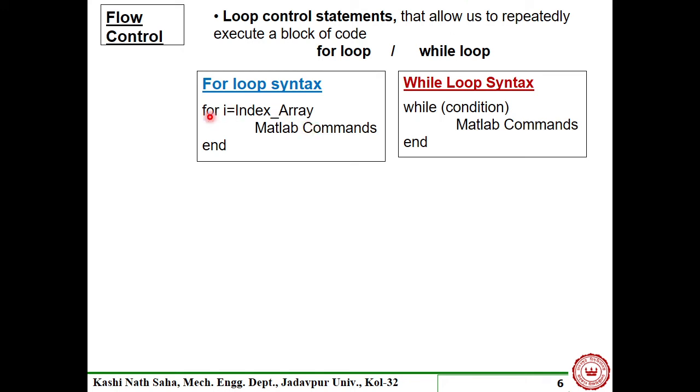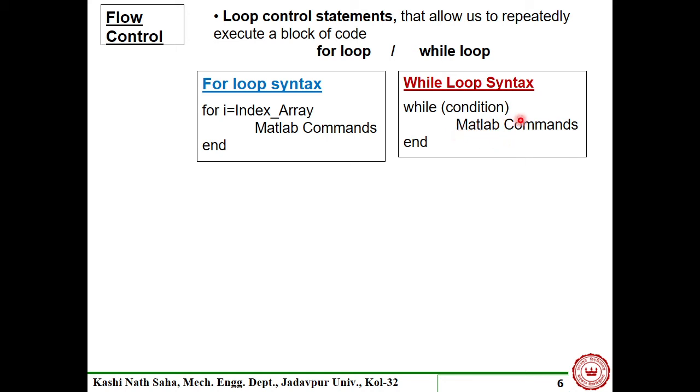So you recall that we have already used this for statement to create a matrix. Example, and in while there is a condition. This condition is similar to that we have used earlier in the if statement. Now, while that condition is true, whatever is here will be executed.